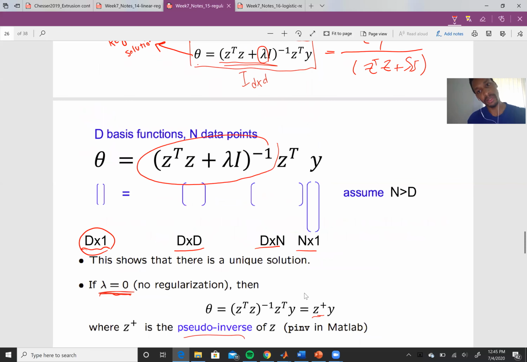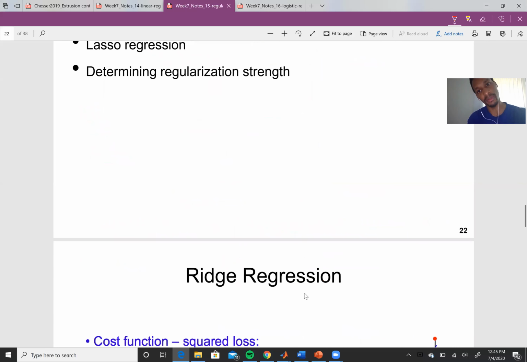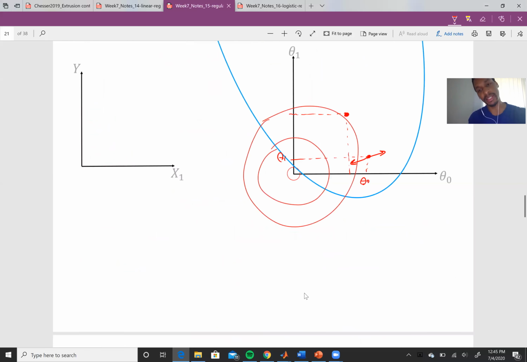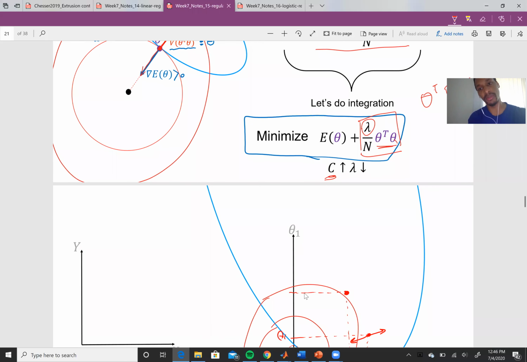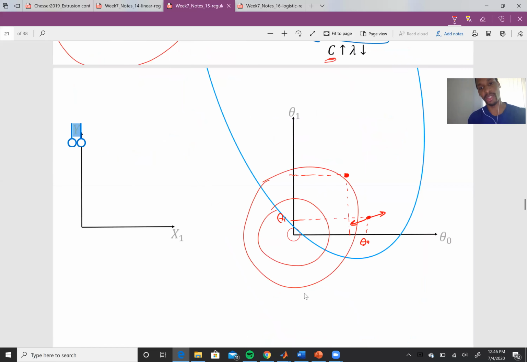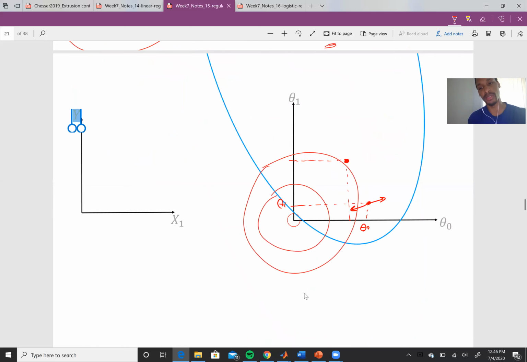We mentioned here that lambda and C have an inverse relationship. So if you increase lambda, then you decrease C. And so you are pulling this towards the origin. And if you have it high enough, then your theta is just going to be 0.